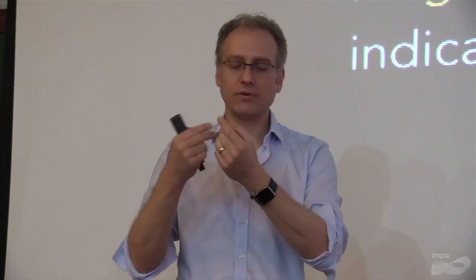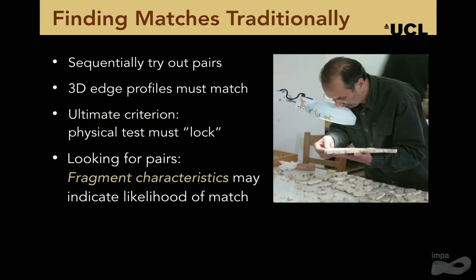We tried it ourselves. There's lots of situations where you think, oh, this could be a match, but if you do actually find a real match, it has this really satisfying feeling. You put them together and it just locks and it stays in place. So that's pretty much the methodology.